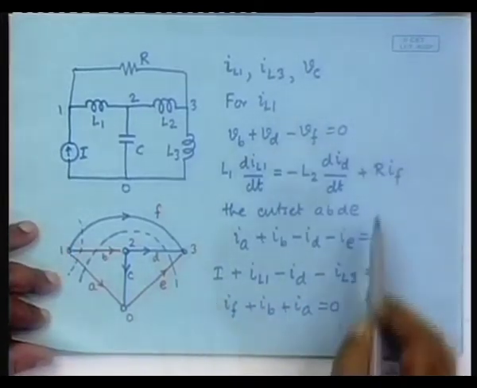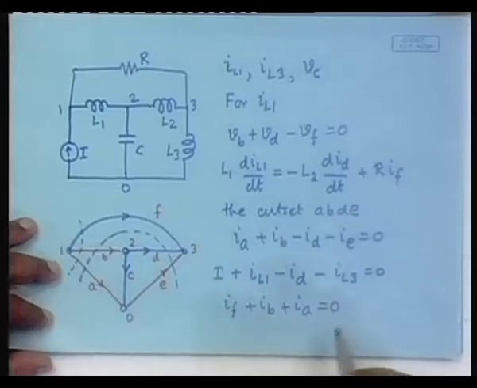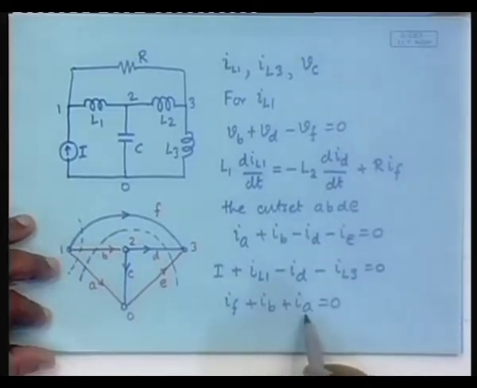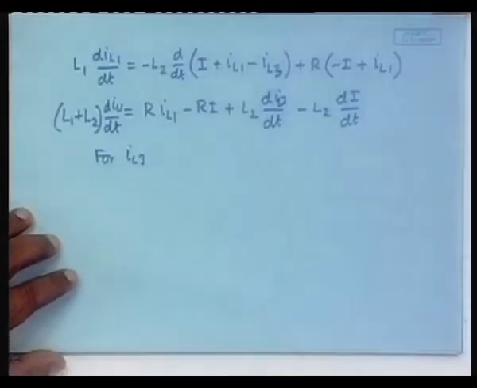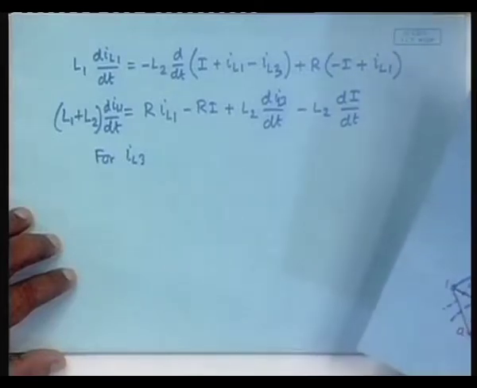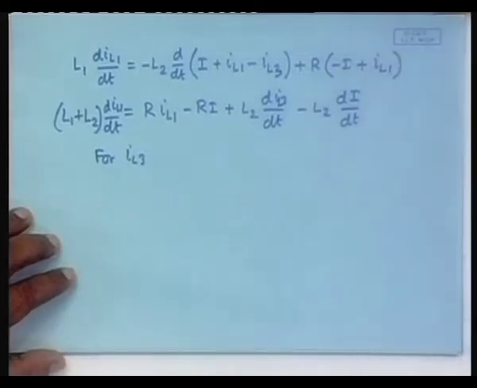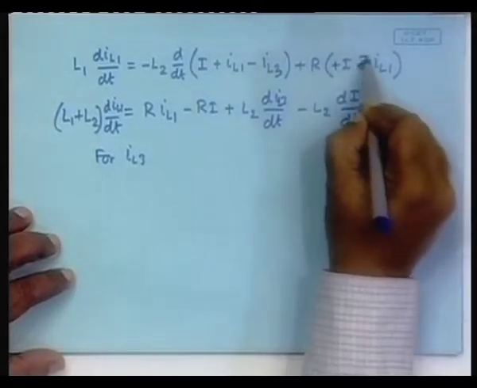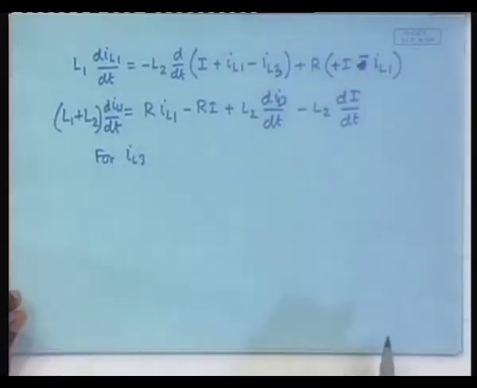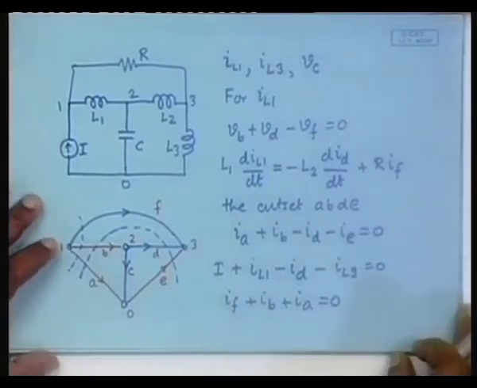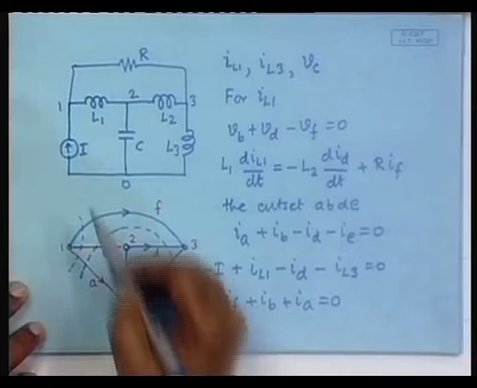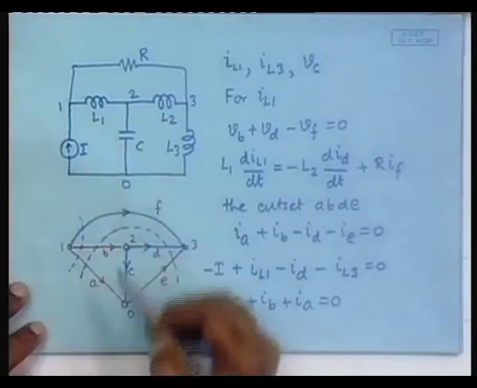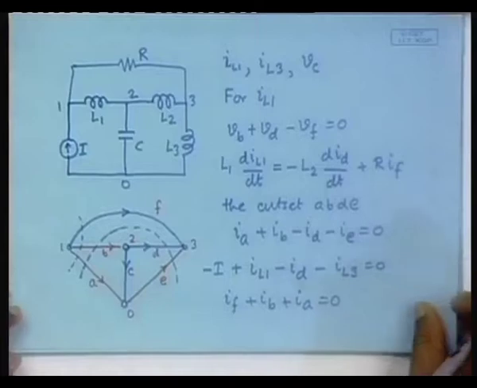So R times minus IB plus IA, like IA is I. Sir, if IA is plus I, then in that previous equation also will have IA as minus I. Yes, you are right. Because I have given the sign this way, and here it is this way, so it is just that. Fine, you are right.